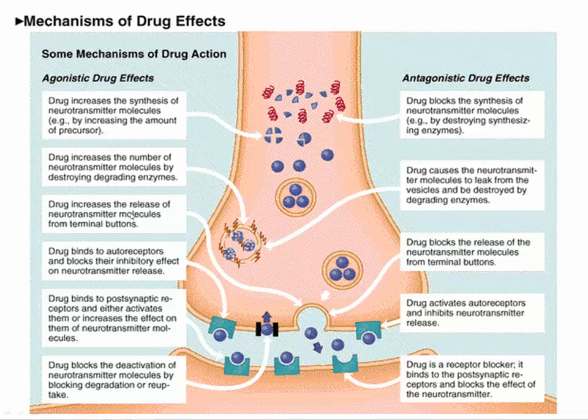So here you can increase the release of the neurotransmitter molecule from the terminal buttons. Here you can bind the drug to autoreceptors to block their inhibitory effect on the neurotransmitter release.